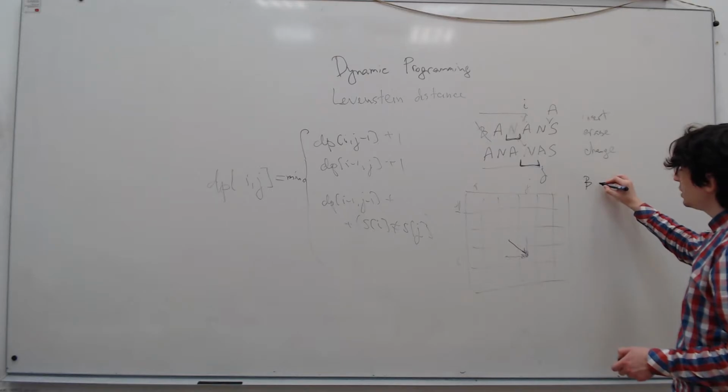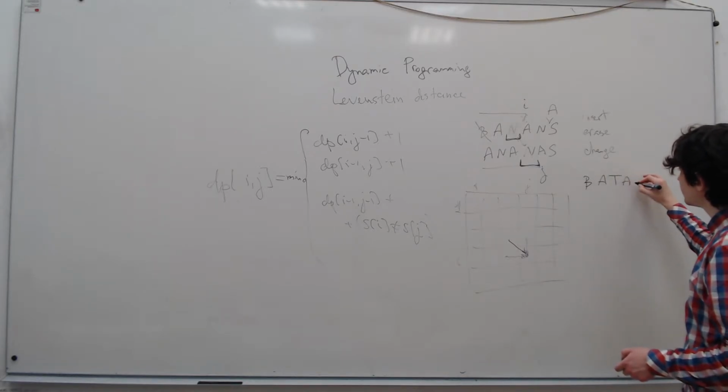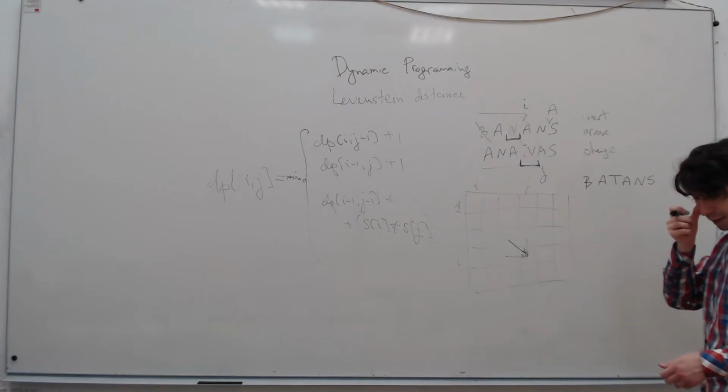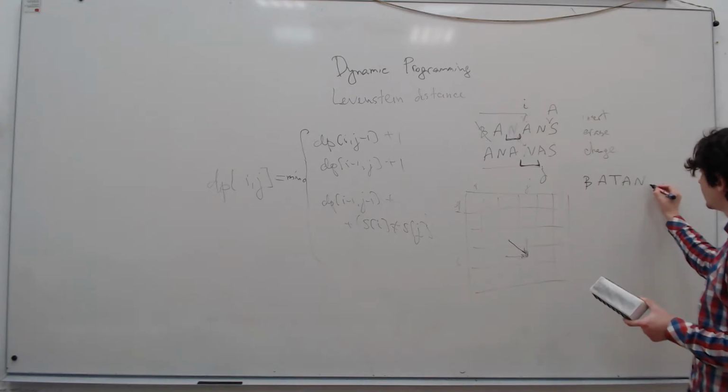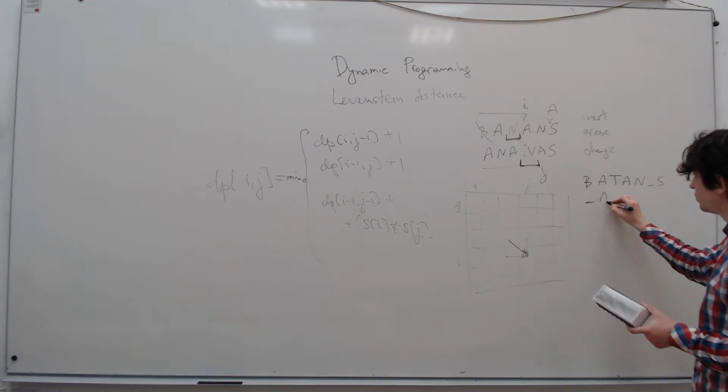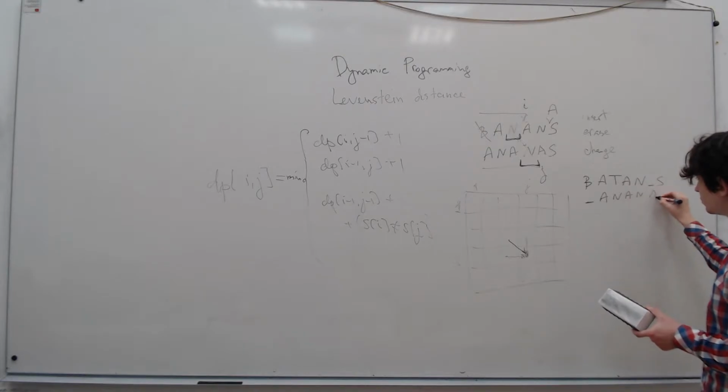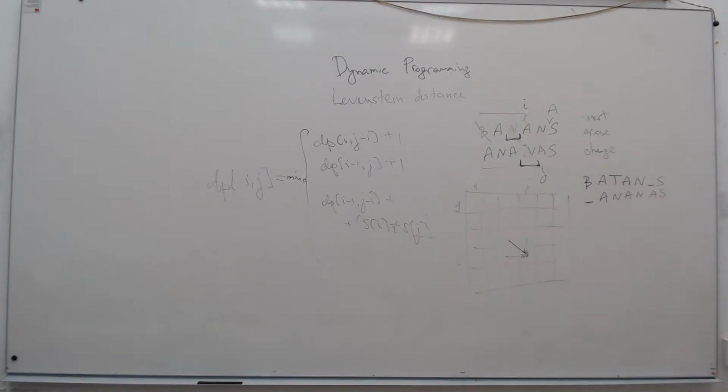So we have buttons, and we should do like that. So their alignment will be like that. So here is the alignment. This means that we remove this character. This means that we inserted a new character, and the difference in the character means that we change it.